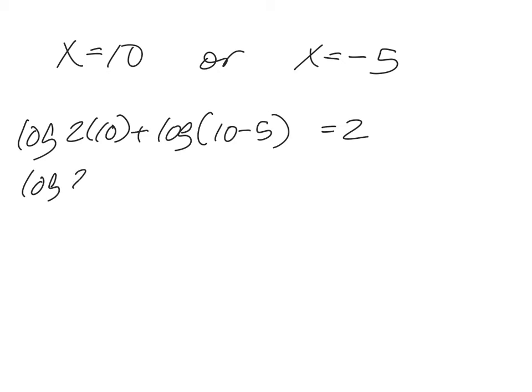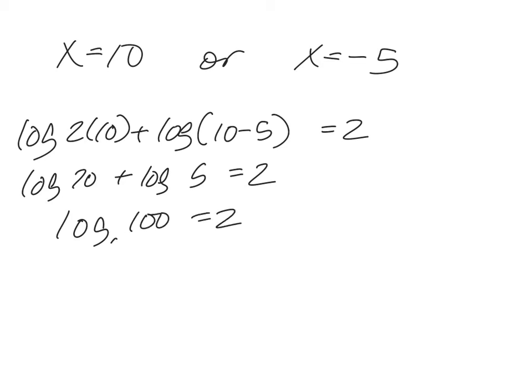With x equals 10, this is log of 20 plus log of 5 equals 2. 20 times 5 is 100. Remember, that's base 10, so 10 squared equals 100. That works out. Okay, let's check the other one.